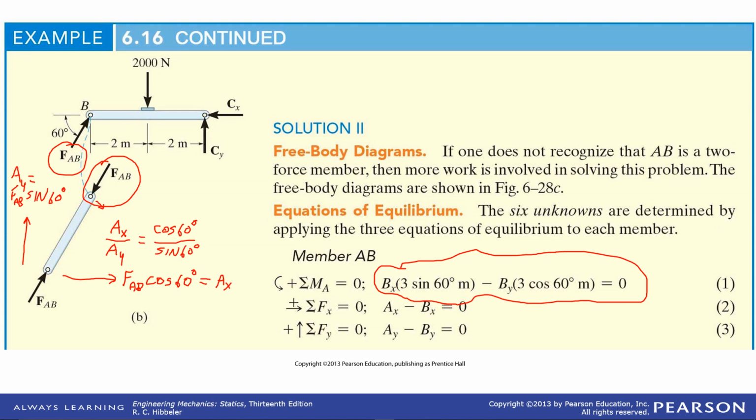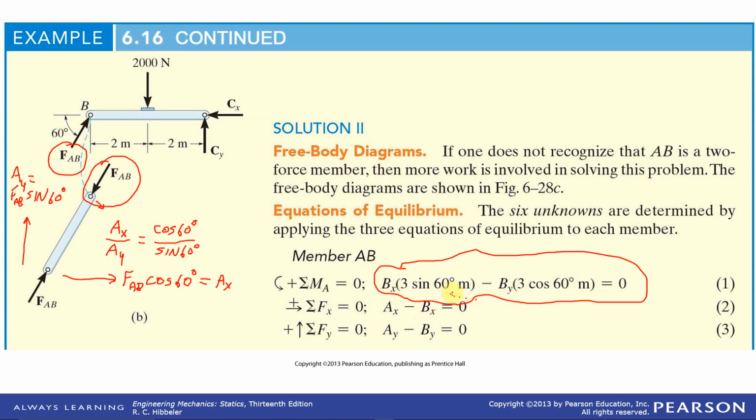I used the fact that it's a two-force member to write these equations here, and identifying AY to be this and AX to be this, we notice the ratio should be the cosine over the sine. And if you solve this, BX equals AX, by the way, BY equals AY.